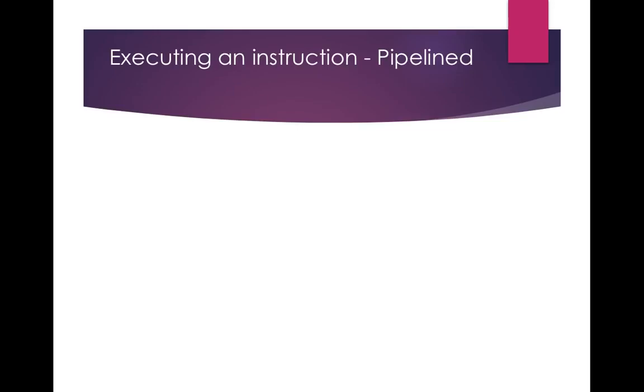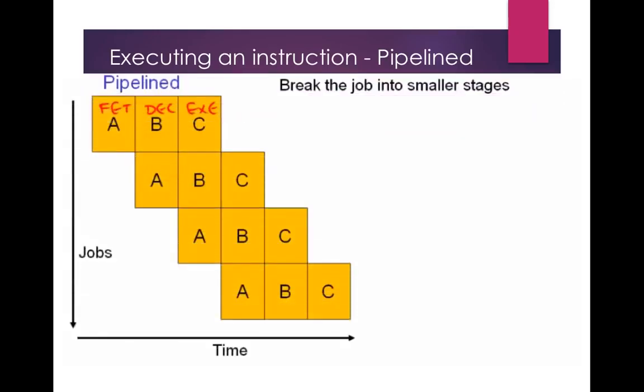But when we go for the pipeline concept, you can see the same concept as manufacturing the car. Here A, B, C, we are breaking the job into smaller stages. That is, fetching is done at clock cycle 1, decoding at clock cycle 2, and execution at clock cycle 3.